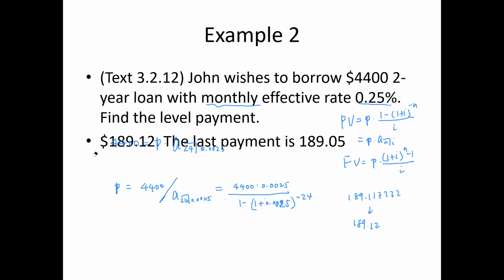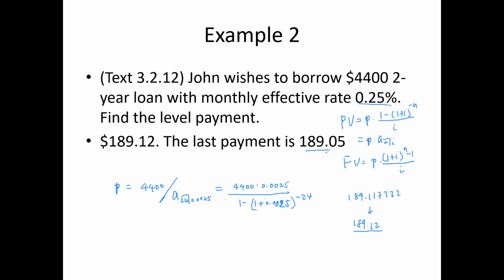So the answer is the same number, but the last payment is $189.05. The reason is that you pay this each month, and then you pay a little bit more, about 0.2668 cents, and they accumulate. So the last payment will be a little bit smaller than the level payment.